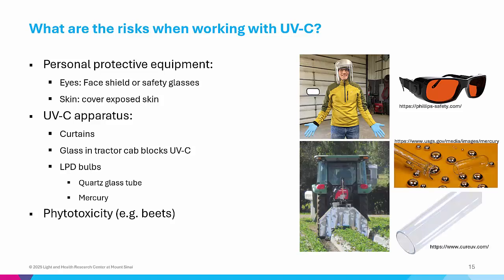When we work with tractor-drawn equipment, we install curtains on the back of the device, not only to keep the UV away from the humans, but we also use mirrorized material to keep the UV focused on the plants. The glass or plexiglass of the tractor cab also protects the driver. So you can see those curtains on the back of the device in the lower left image.